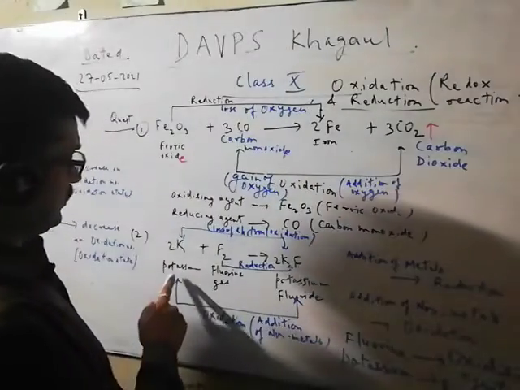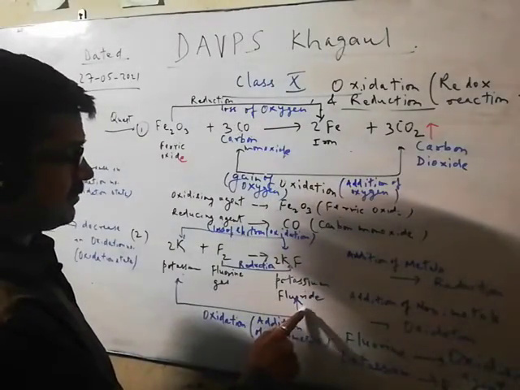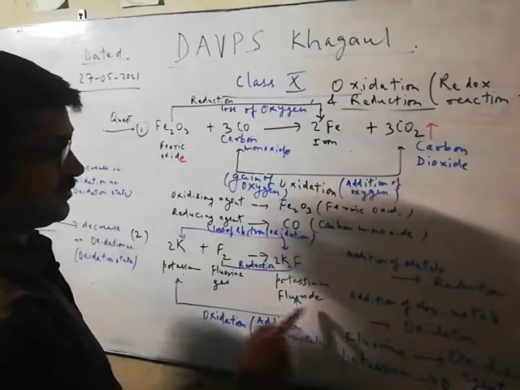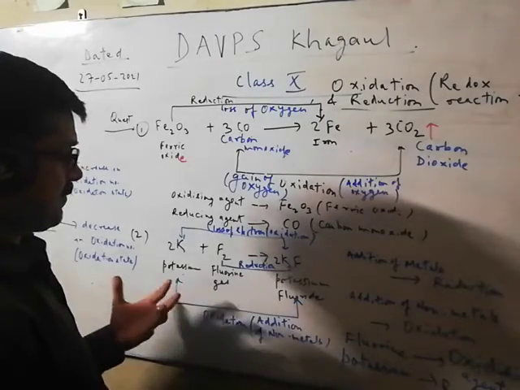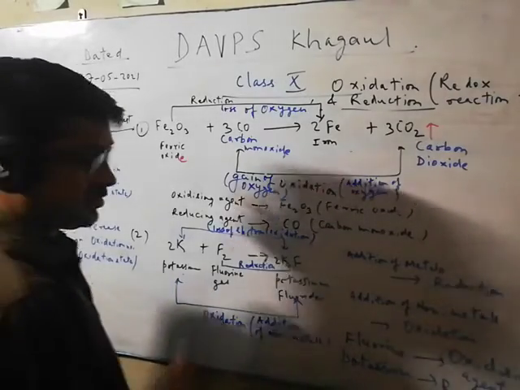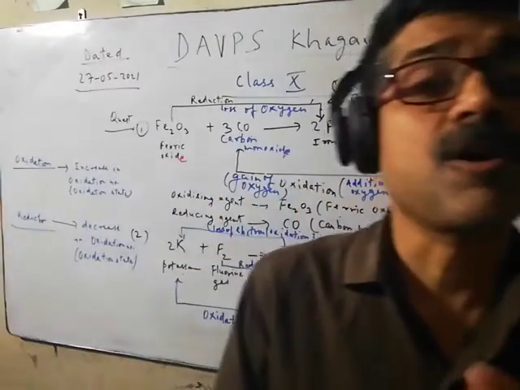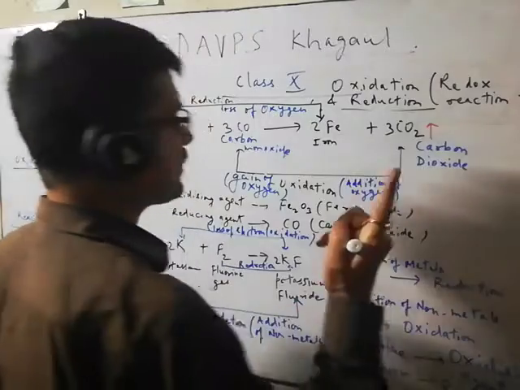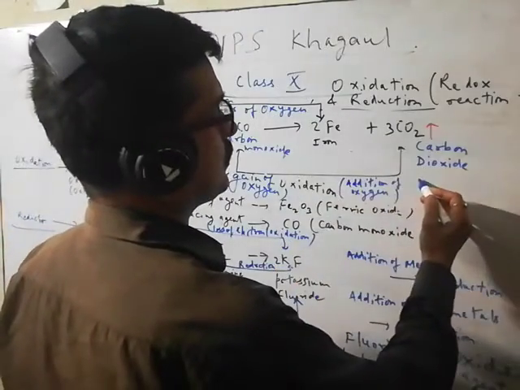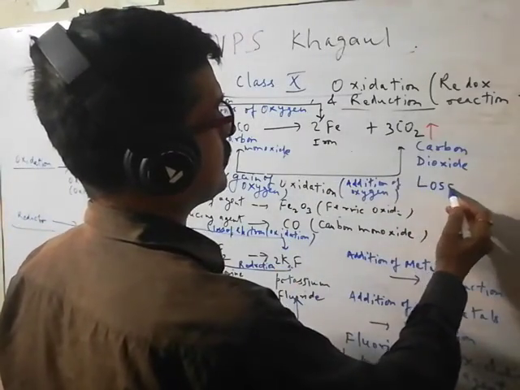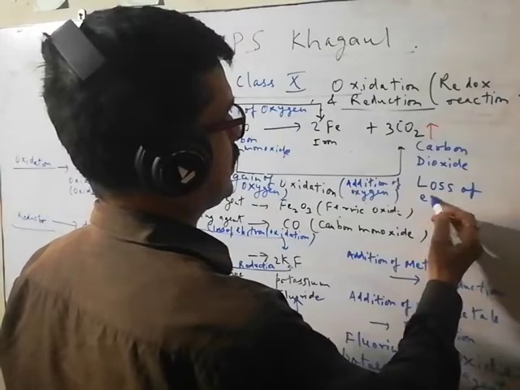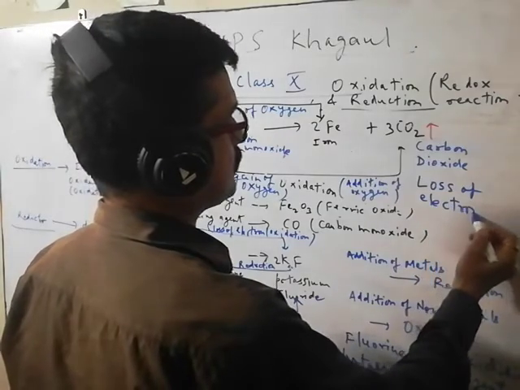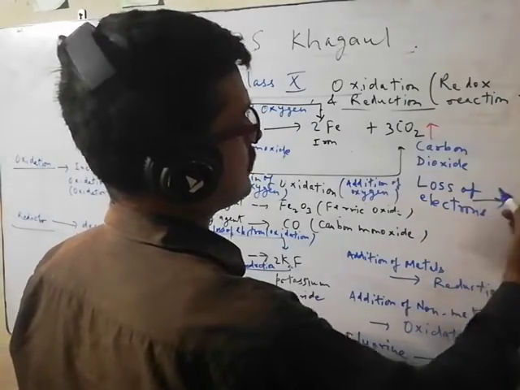Potassium loses electrons, so potassium is going through oxidation. Two more points you should always remember: loss of electrons is oxidation.